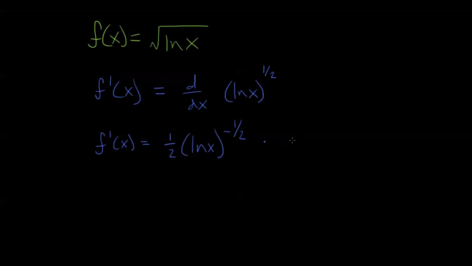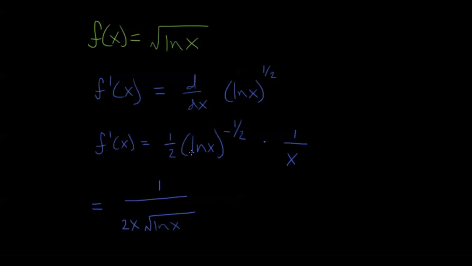Times the derivative of the inside, which is the derivative of the natural log of x, which is 1 over x. So for our final answer, we should have 1 over 2 times x times the square root of the natural log of x.